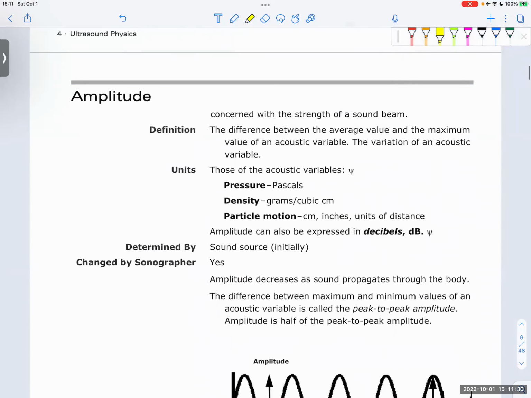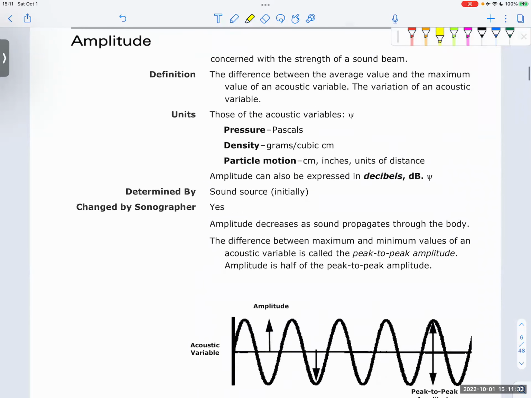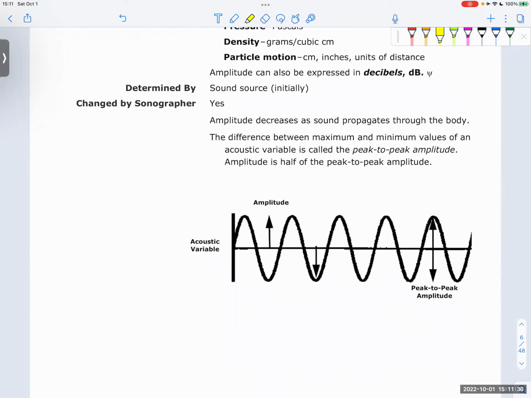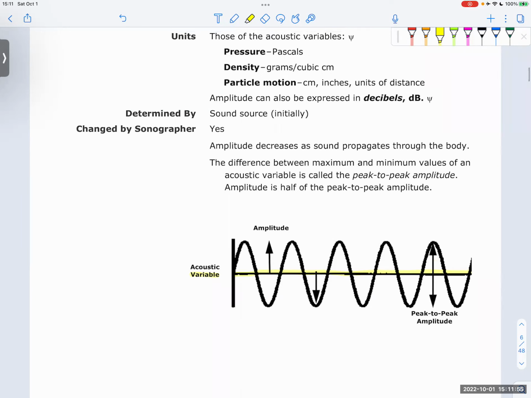So for the amplitude, if you think about it, this is the baseline of that variable, as we said before, and how much this variable goes above and below the baseline defines the amplitude. Variables can be pressure, can be density. If the wave has a higher pressure, it will go up, and when it has a lower pressure, it will go down.